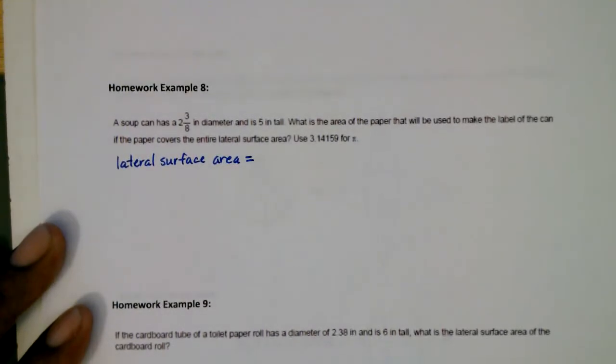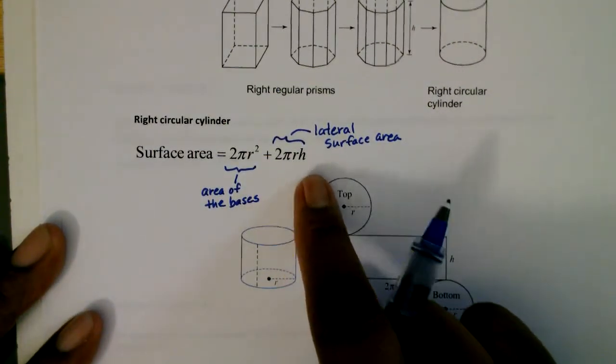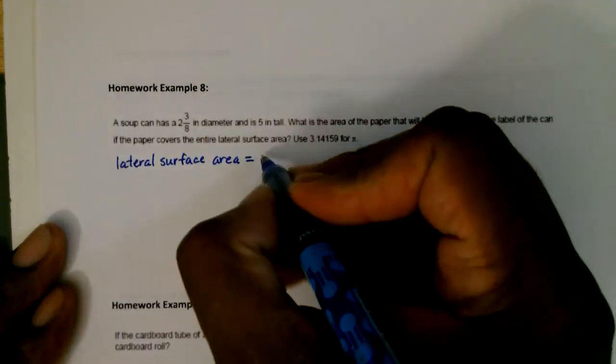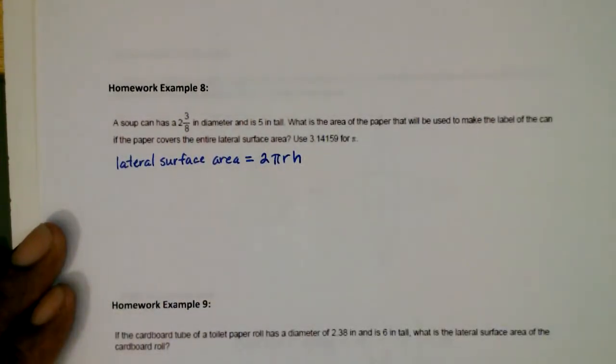And if you recall, for a cylinder, the lateral surface area is just 2 pi r times h. So we have to use 2 pi r times h.